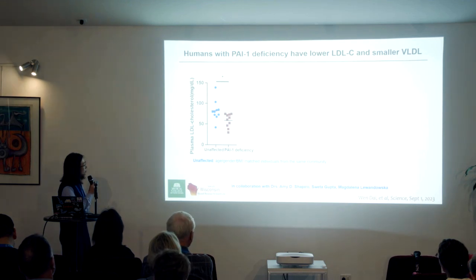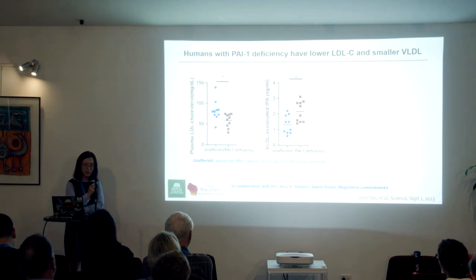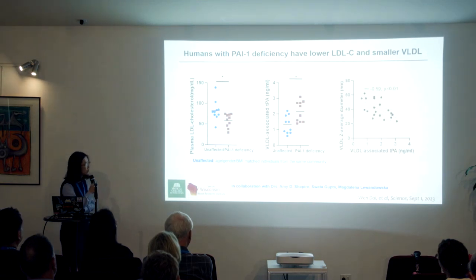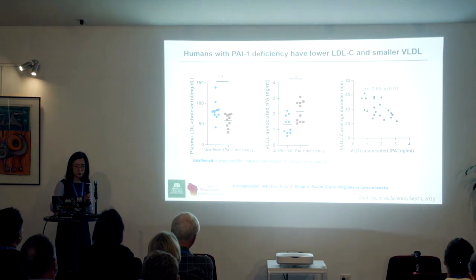You can see in those patients, their LDL cholesterol is lower. But more interestingly, when we isolate the VLDL particles, they have higher TPA associated with those particles. And the correlation with VLDL particle size is negative: the larger VLDL particles have less TPA associated with them.